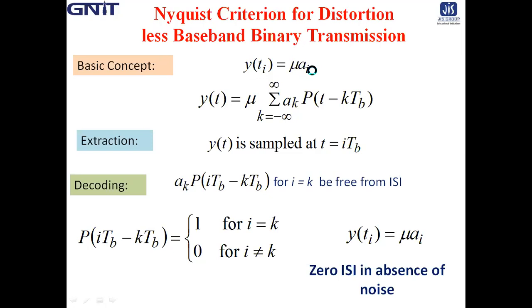In order to minimize the effects of ISI, we have to design the transmitting and receiving filters properly. The transfer function of the channel and the shape of the transmitted pulse are generally specified. Therefore, it becomes the first step towards the design of filters.